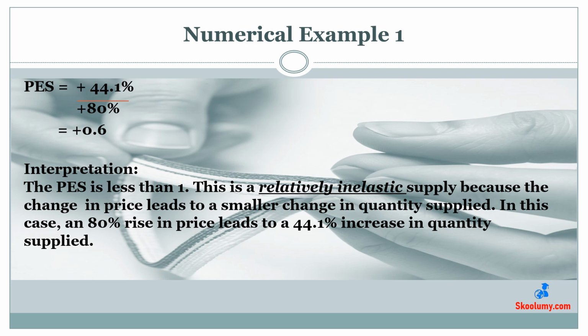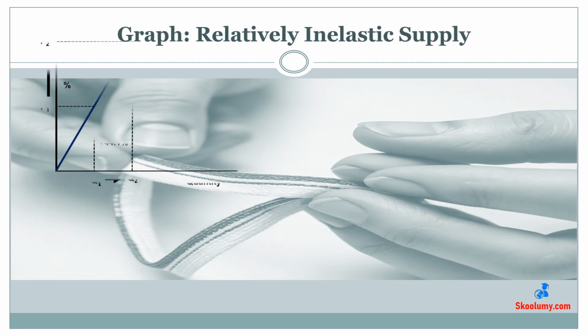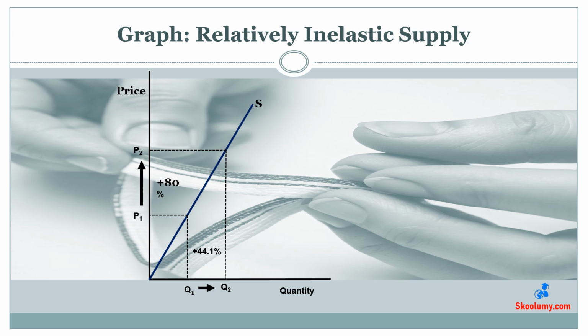In other words, it means the producer cannot easily increase his supply following a change in the market condition. For example, supply is fairly inelastic if there is no spare capacity, because production cannot easily be increased to meet increased market demand for a good. This is the graph of relatively inelastic supply.